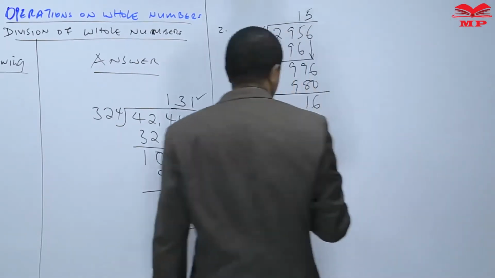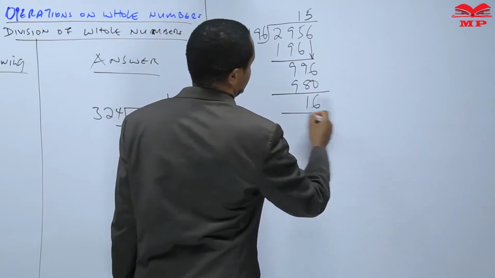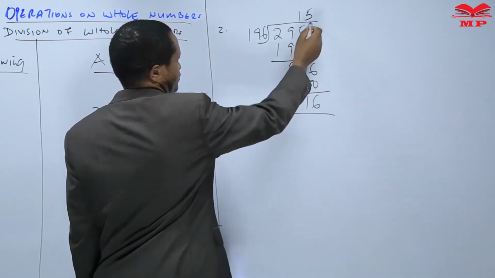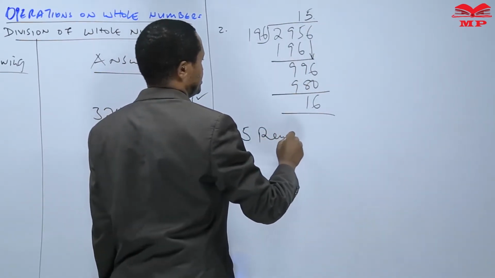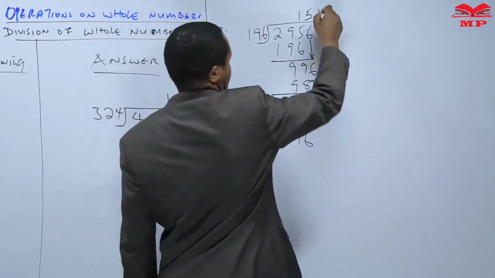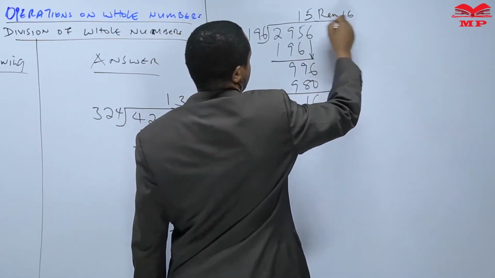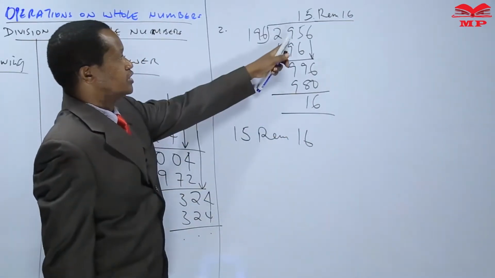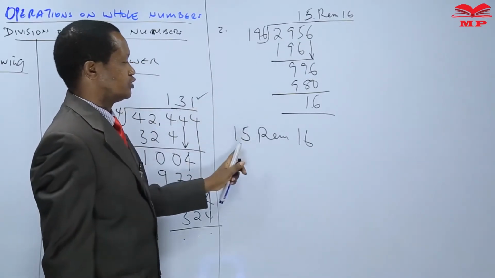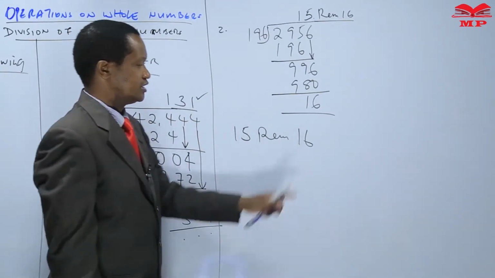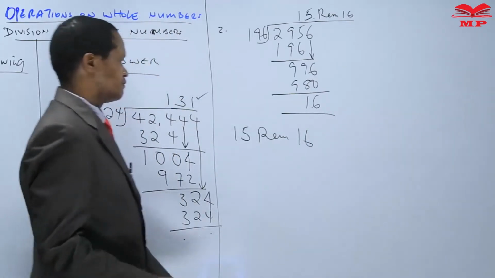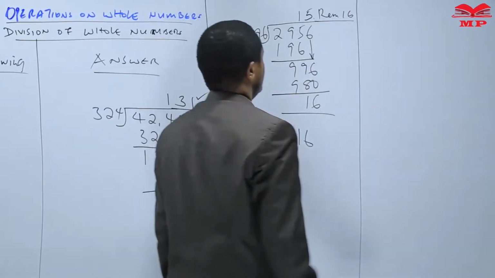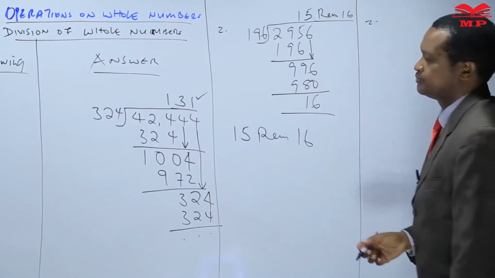The answer in this case will be 15 remainder 16. 2956 divided by 196 is equal to 15 remainder 16. There is a remainder here. So that is number 2.